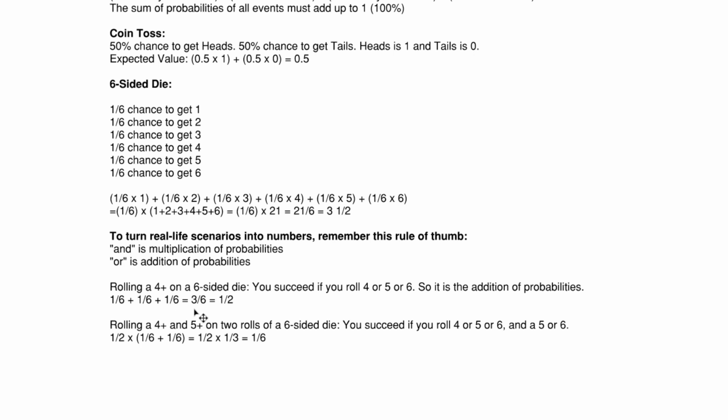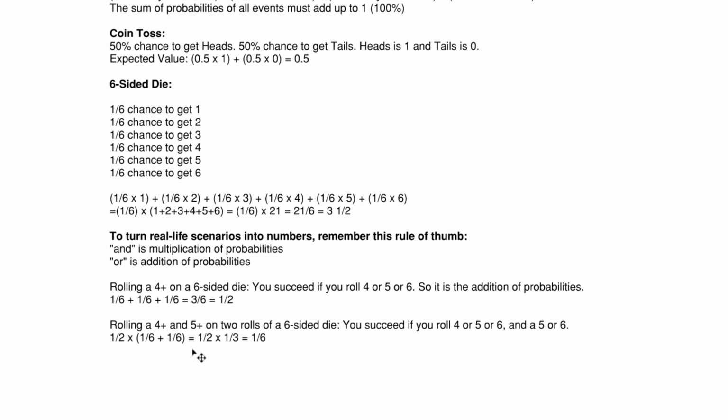And when you add all that up, you get 1/2. So this is a simple example, but I've included it so it's easy to understand that when you break out a 4 plus into words, you have the OR keyword, which you add the probabilities.